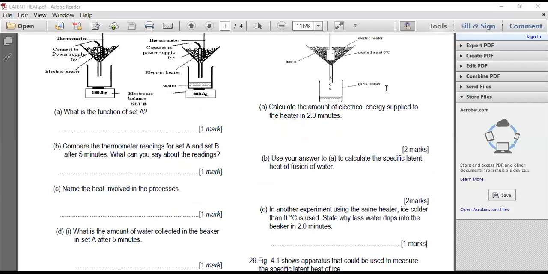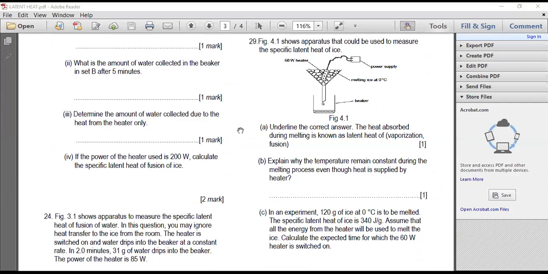Okay, next. Figure 4.1 shows apparatus that could be used to measure the specific latent heat of ice. Underline the correct answer. So the heat absorbed during melting is known as latent heat of fusion. Fusion.